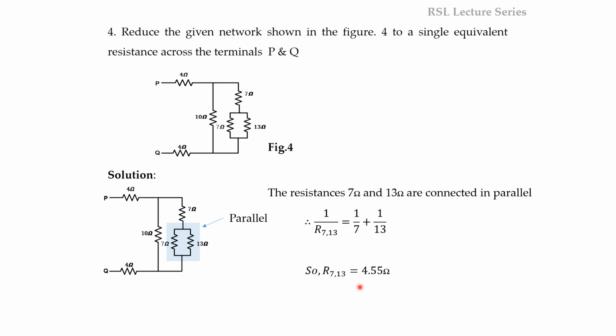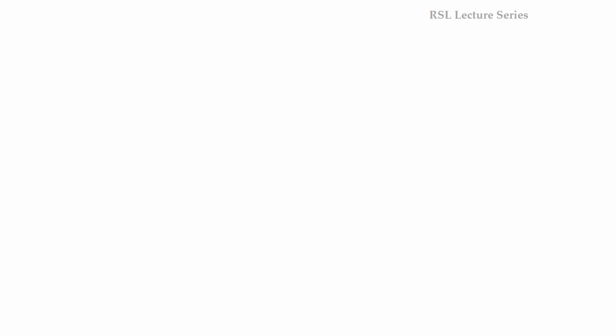That will be equal to 4.55. So now we have to replace these two resistors with a single equivalent 4.55. Now we can redraw the circuit like this: 7 ohms, 4.55, 10, 4 ohms and 4 ohms. So now these two resistors are connected in series.